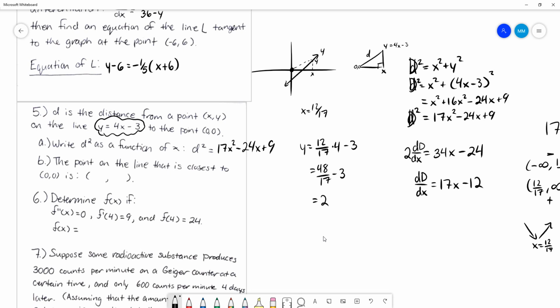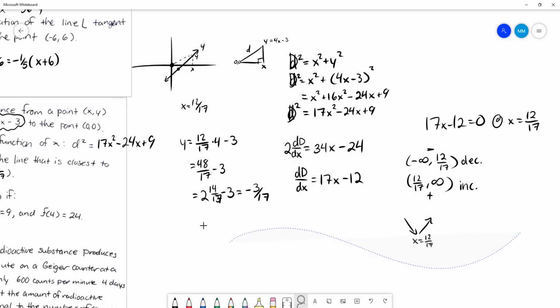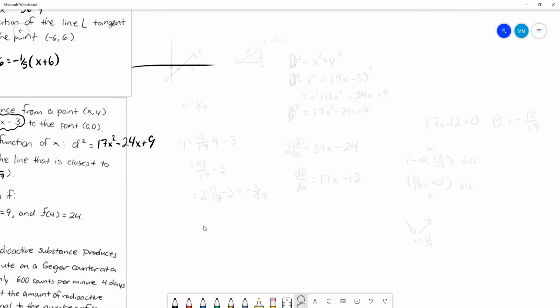And let's see, if I subtract 34, that's going to be 14/17 minus 3, which is negative 3/17. So it's going to be 12/17, comma, negative 3/17. So it's going to be right about here probably. And that's it. On to our next question.